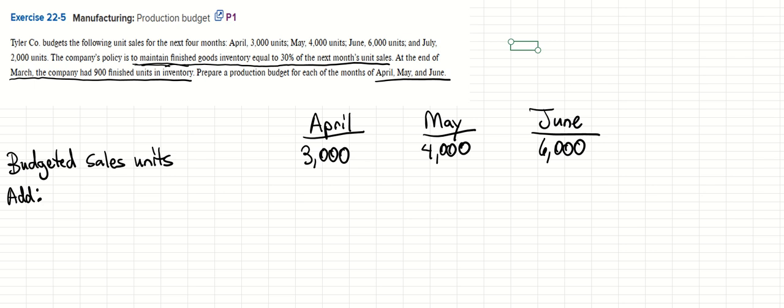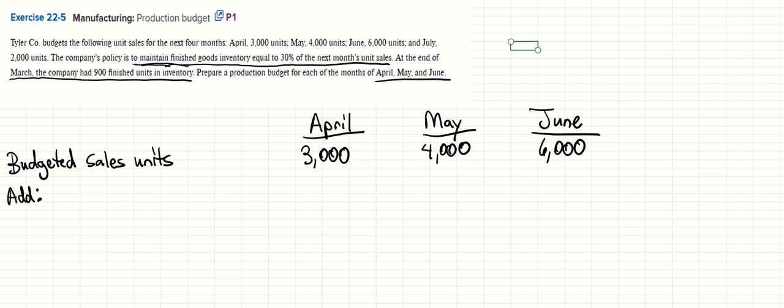Let's say that actually happened and they didn't have enough units in their inventory or in the production process to fulfill all 3,500 orders. That would be a problem, which means they need to provide themselves a little bit of a cushion just in case they go over the 3,000 units initially budgeted in sales.